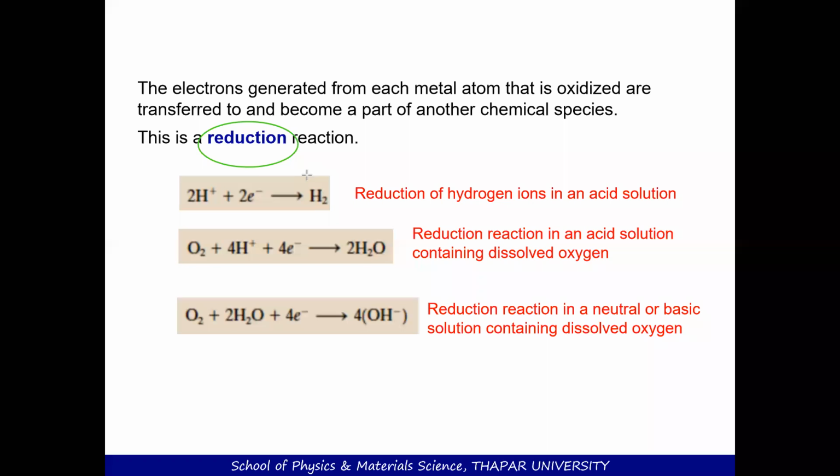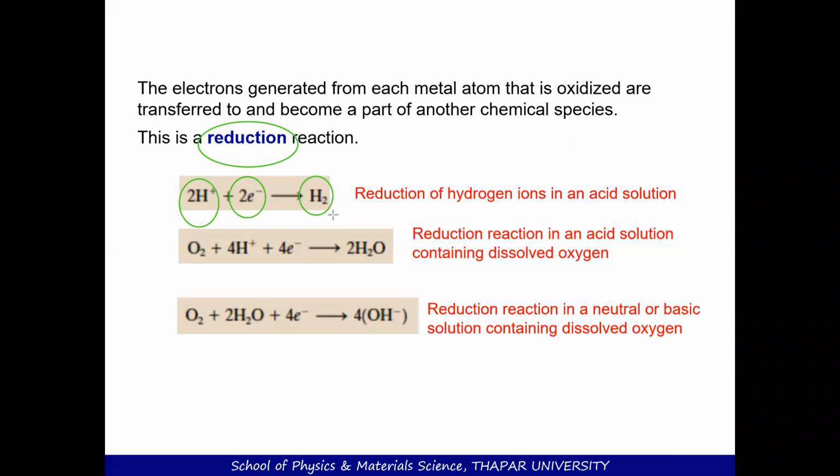For example, if I have an H plus ion, then H plus ions can accept the 2 electrons liberated in the previous expression by iron. Then these 2 H plus, when they react with 2 incoming electrons, get converted into one molecule of hydrogen. You remember, H2 is a hydrogen molecule.